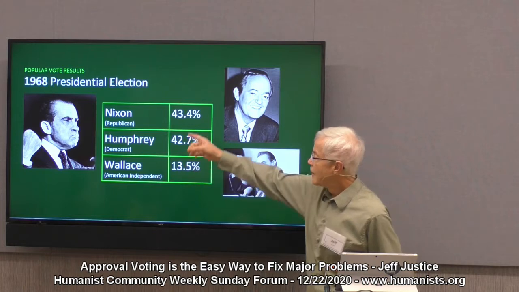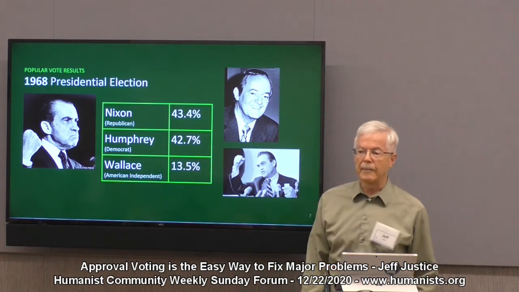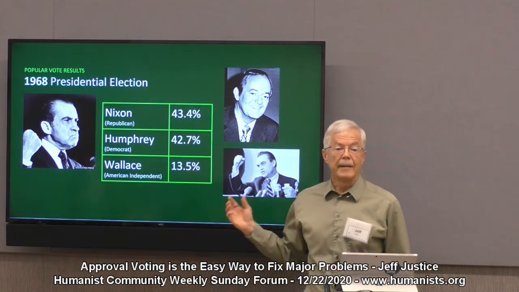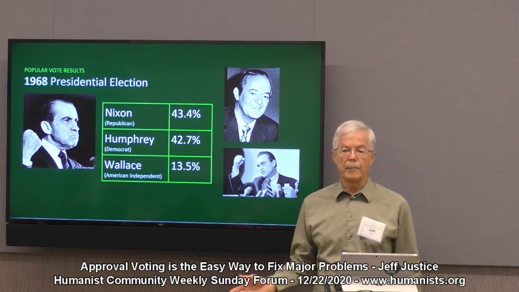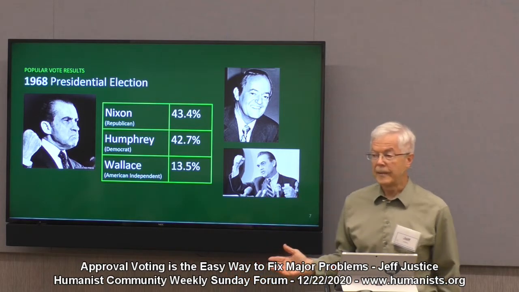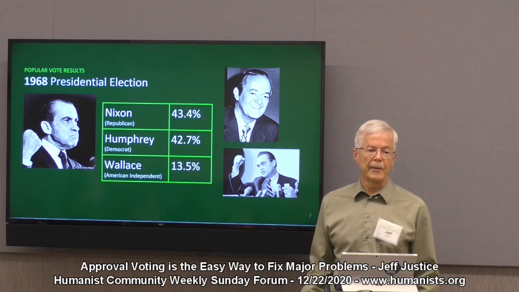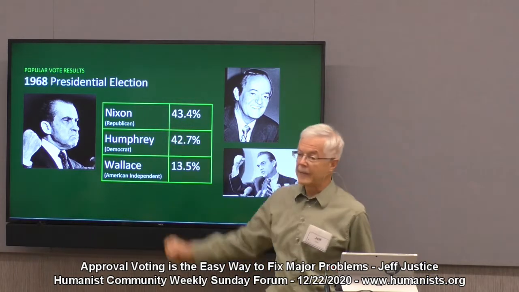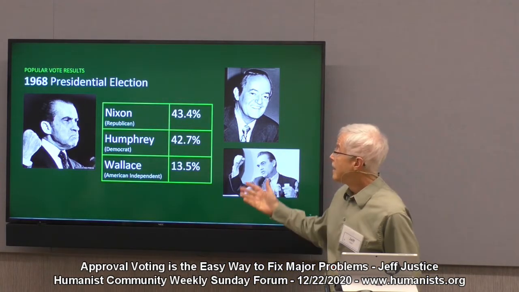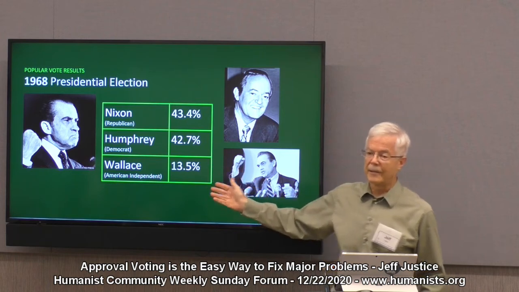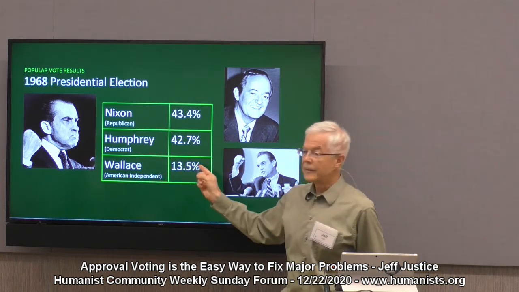Well, remember that Lincoln was a Republican, and the Republicans hadn't won the South since the Civil War. It's been purely Democratic. And then 1968 comes along, and George Wallace takes the South.